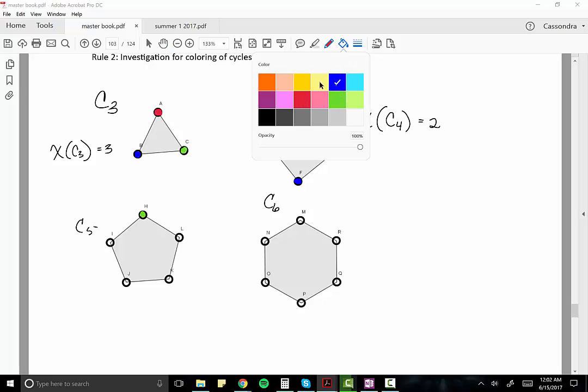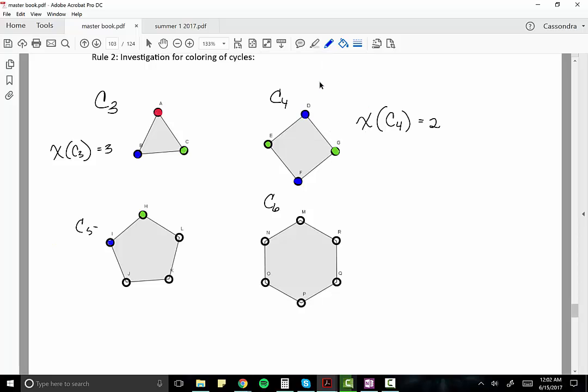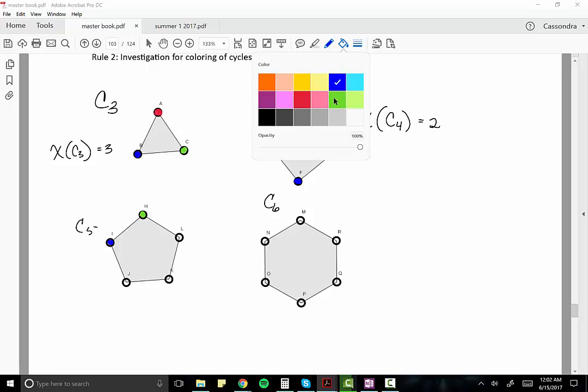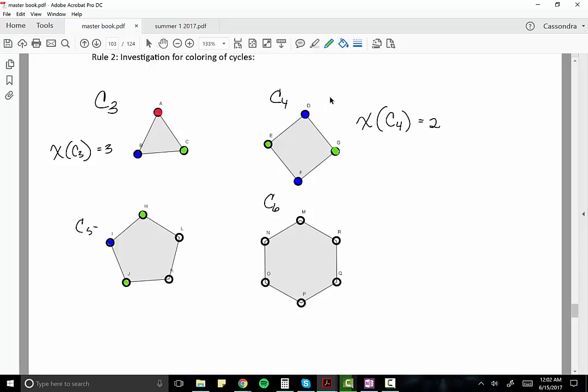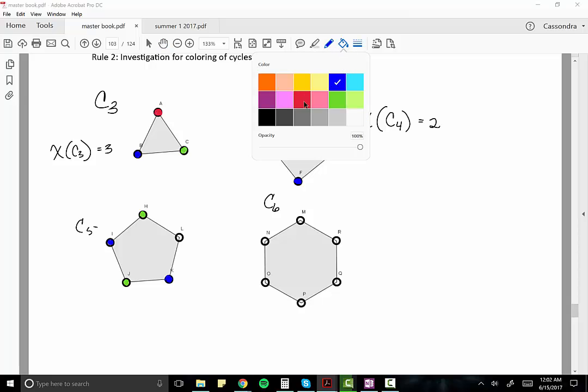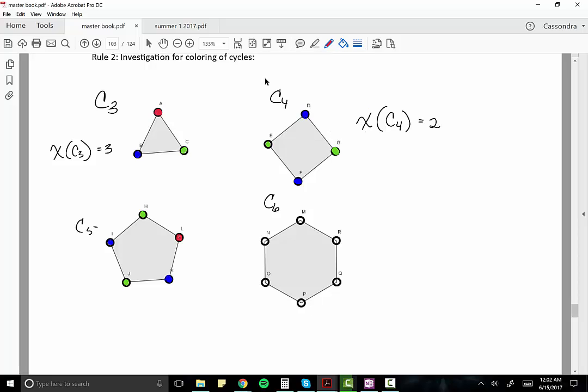I'm going to do 2 colors until I absolutely have to add a 3rd color. So I'm going to go back and forth between green and blue until I absolutely have to add a 3rd color. I cannot make vertex L green or blue, so it has to be red. So the chi of C5 is 3.